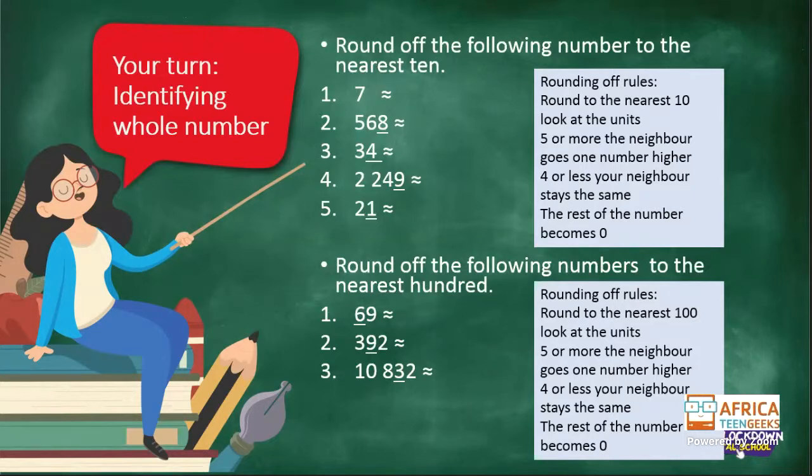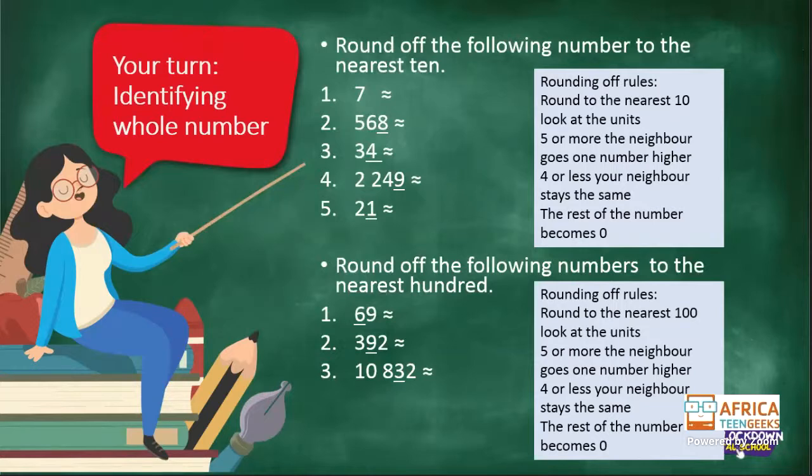So now let's round off the first one. We have 7. We are rounding off to the nearest 10. It is always wise to first underline the number that you will be rounding off.